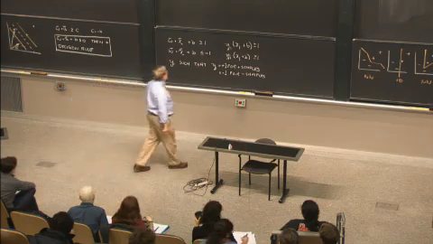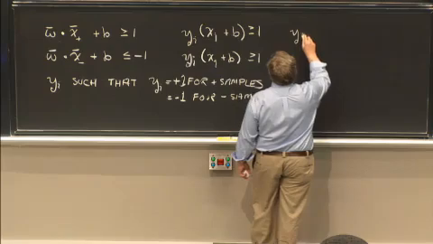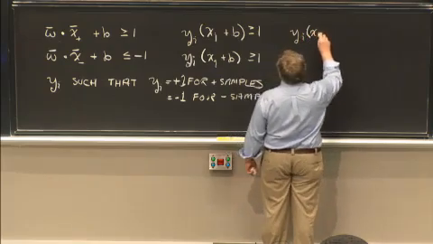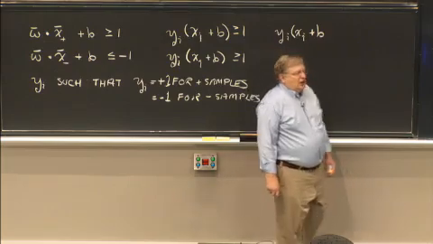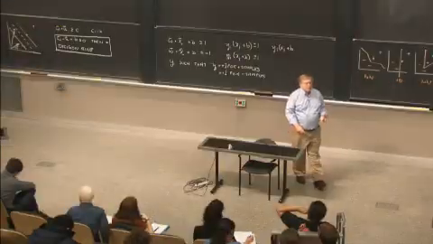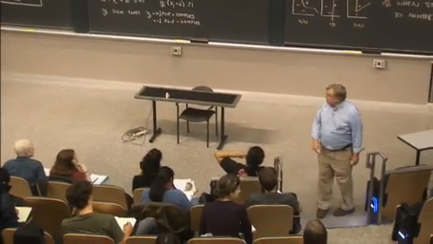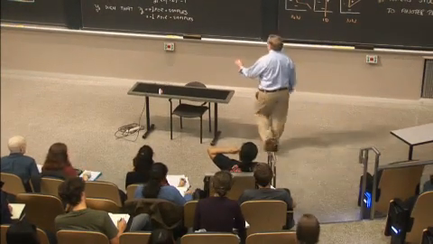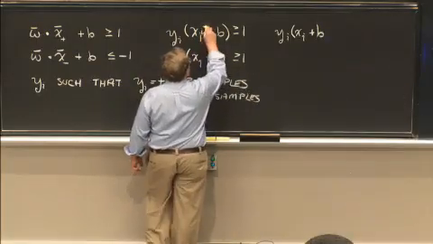So now we can say that y sub i times x sub i plus b. Brett? What happened to the w? Oh, did I leave out a w? Oh, I'm sorry. Thank you. Yeah, I wouldn't have gotten very far with that.